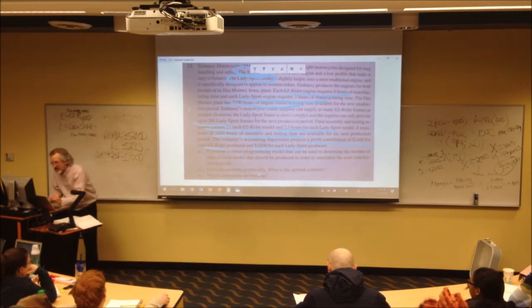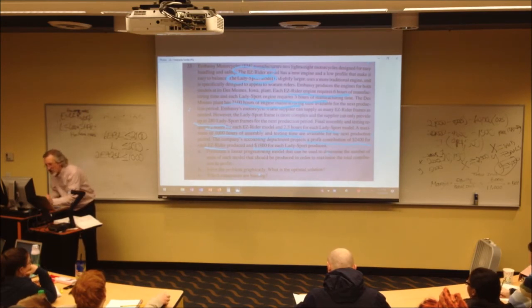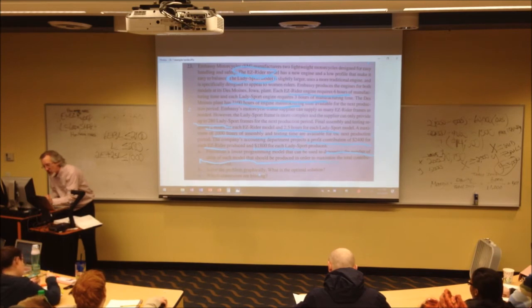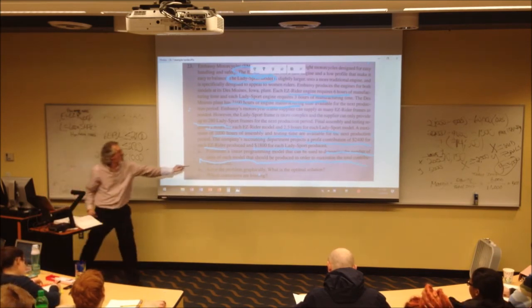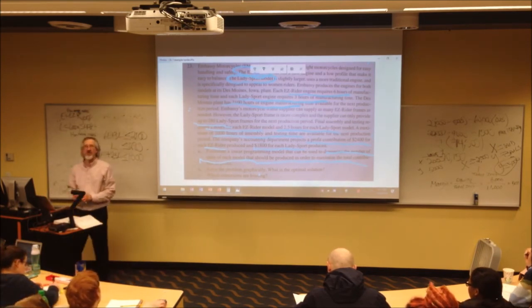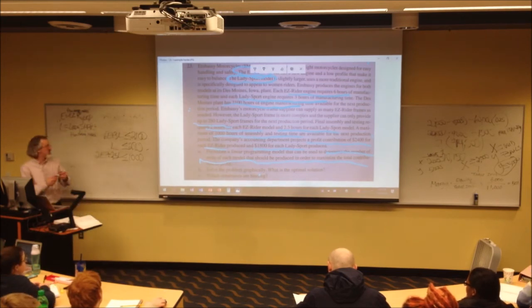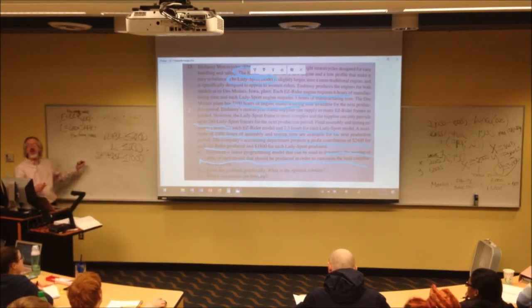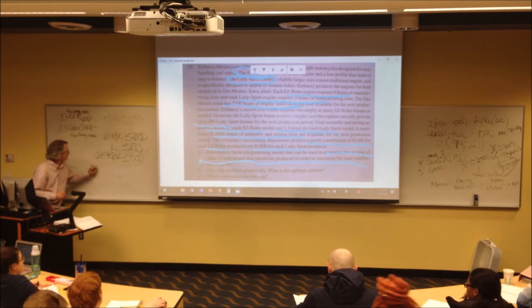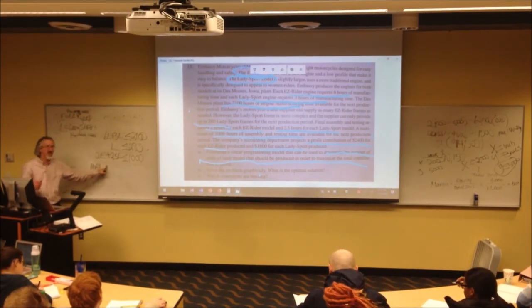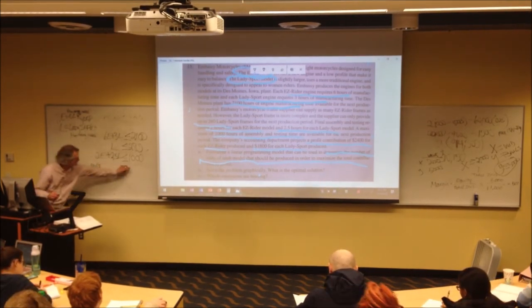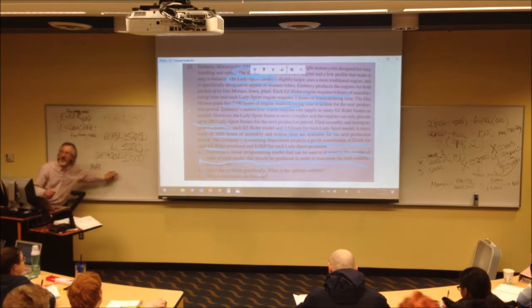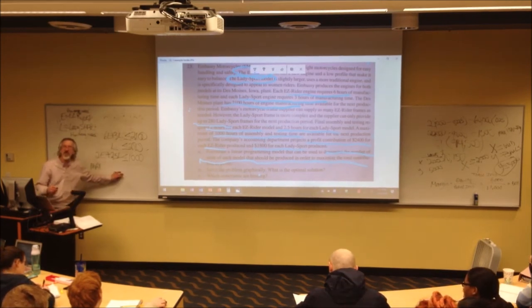Now it says, determine the number of units of each model that should be produced in order to maximize total profit, the contribution of profit. Max or min? Max or min? That's right. Okay, no equals, no less than equal, no greater than equal. It's just what's represented here on these Easy Rider and Lady Sport. What's represented?